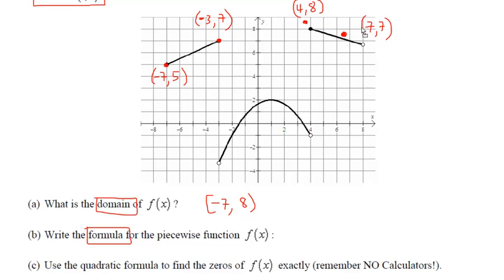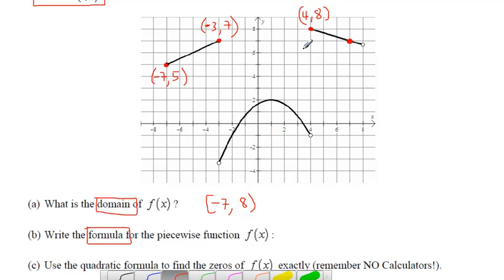Just so you're not confused, this point is going to be 7, 7. You don't always have to use the endpoints. You want to choose the convenient points that are at intersections that are easy to read.